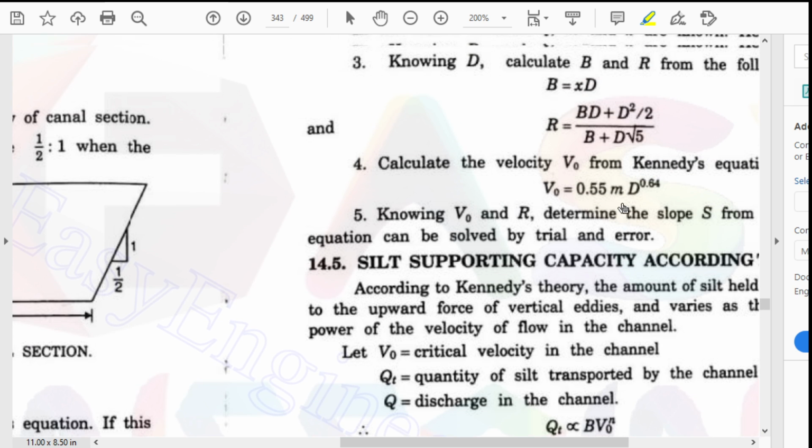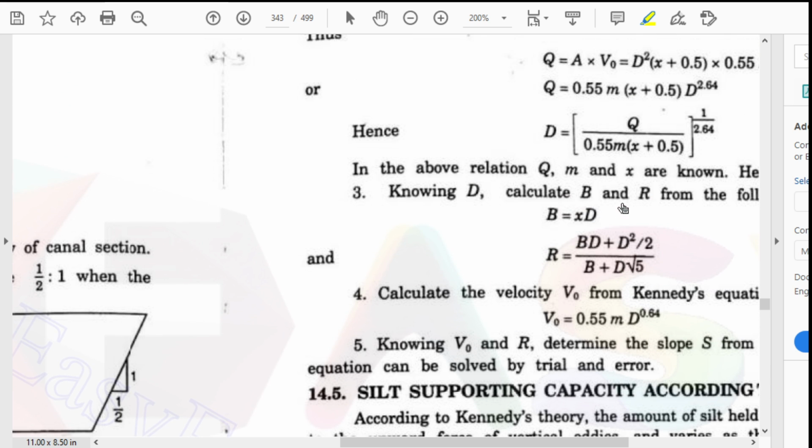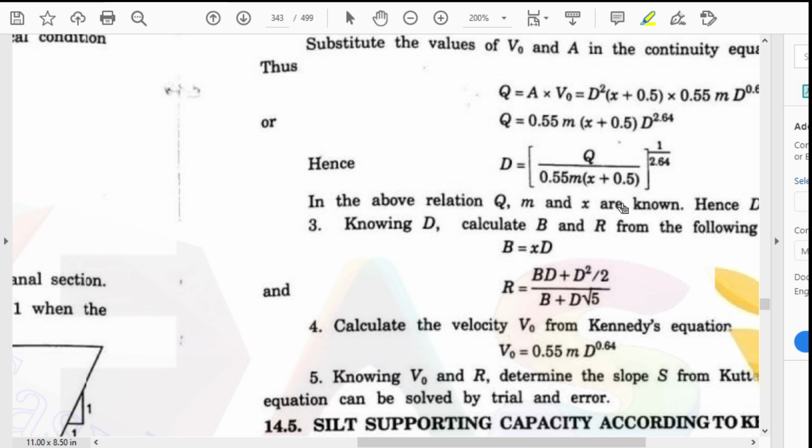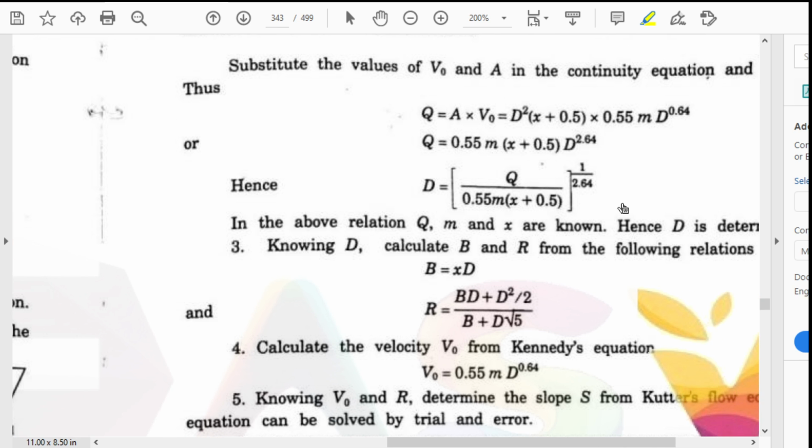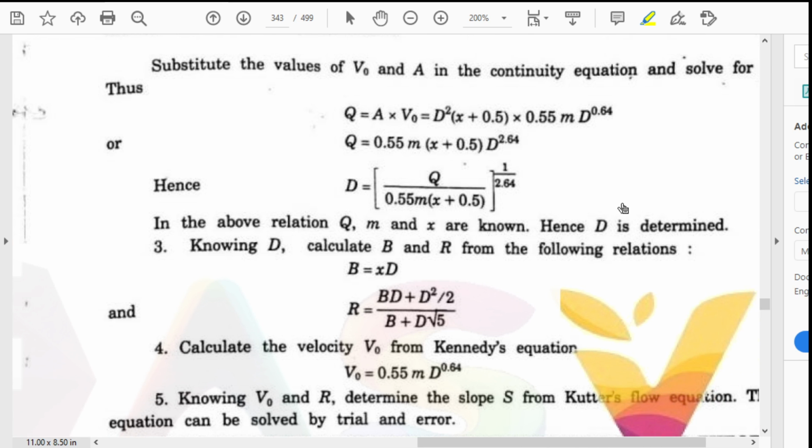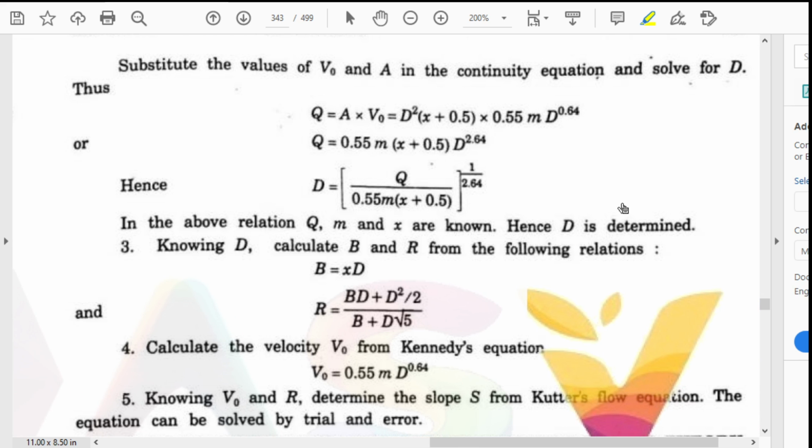In this second equation, using the continuity equation, they have found the velocity in terms of D and the area in terms of D.